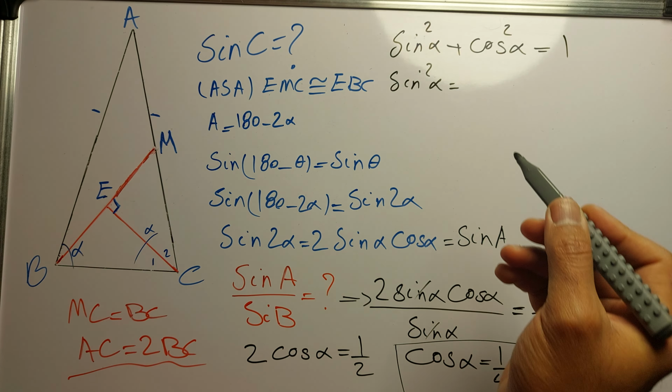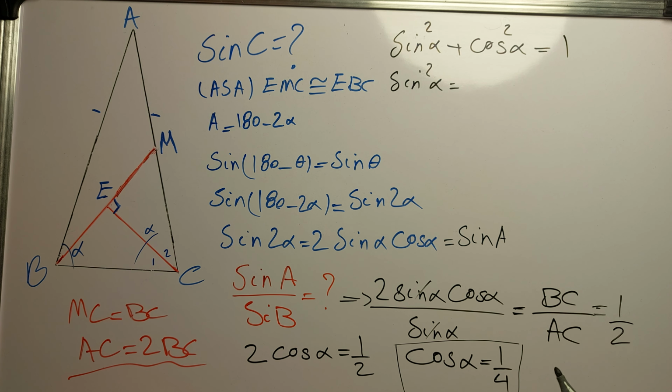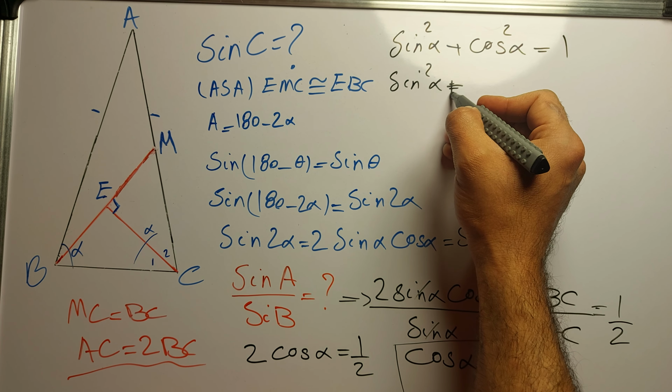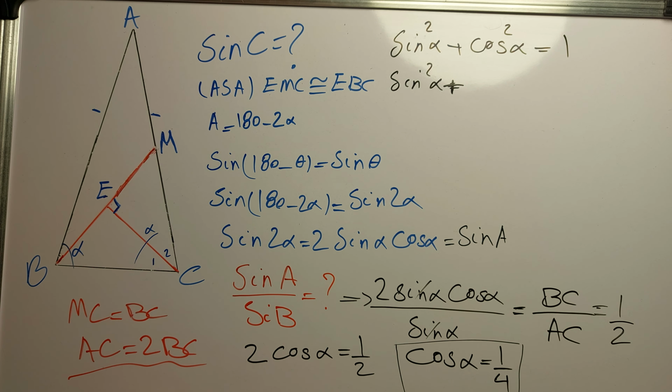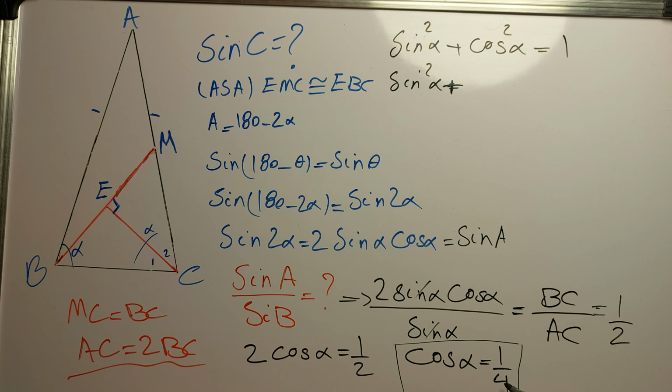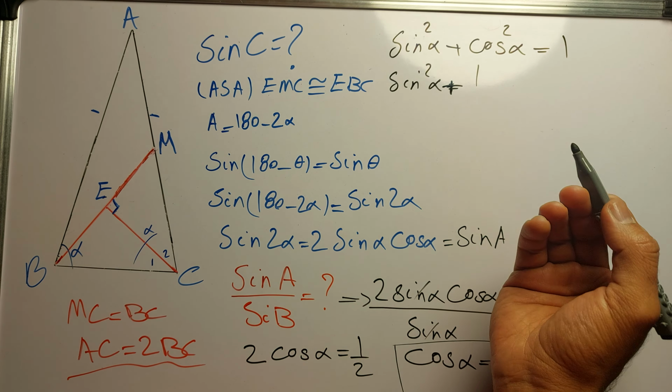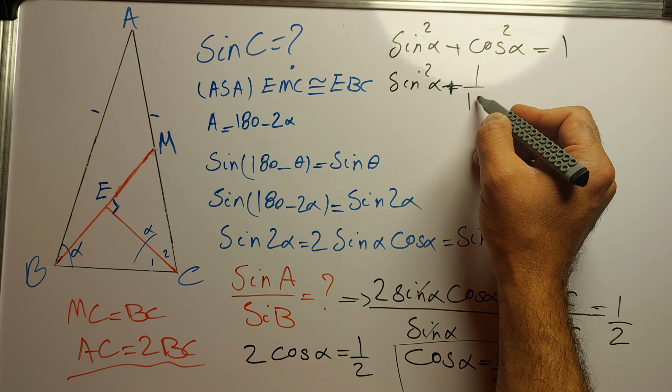Cosine alpha is 1 over 4, and squared is 1 over 16.